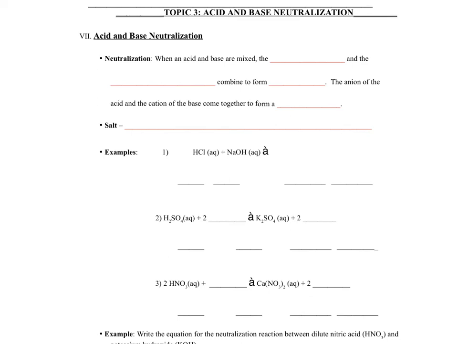The idea is that when an acid and a base are mixed, the H plus ions of the acid, so here I'll just write, the H plus ions, and again, I'm not going to be able to stay in the lines here, so bear with me.